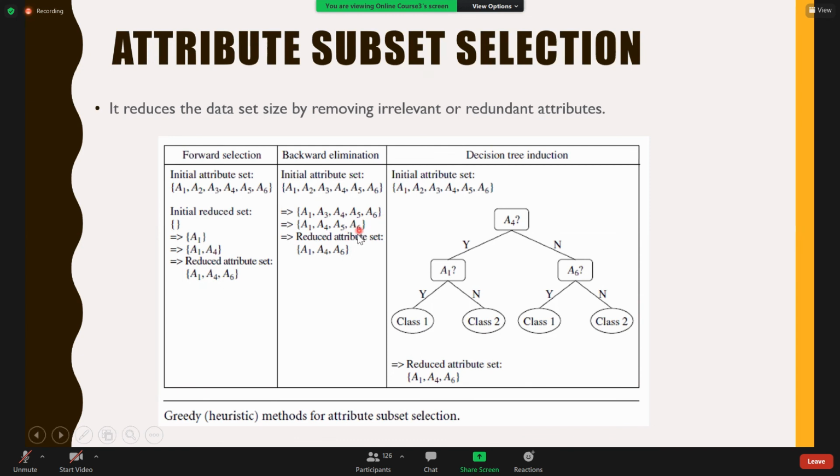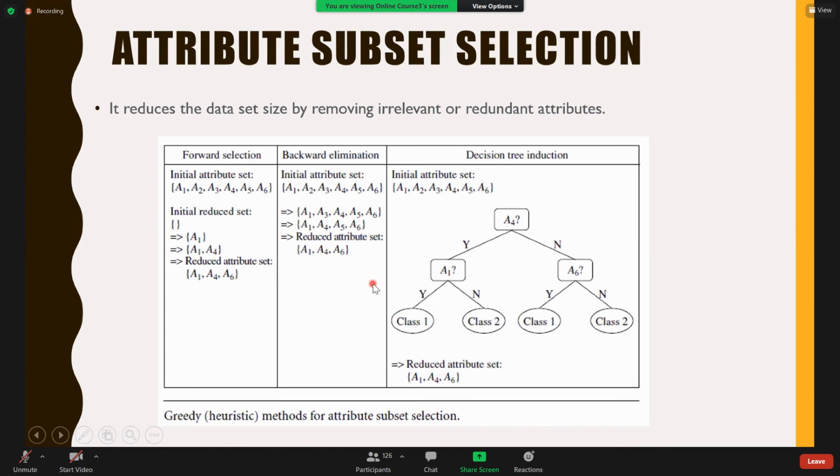In the next step, among the remaining attributes A1, A3, A4, A5, A6, the next irrelevant attribute is selected and eliminated. Sorry, that is A3. Now we have only A1, A4, A5, A6. In the next step, you eliminate the attribute A5. So finally, we have only three attributes.